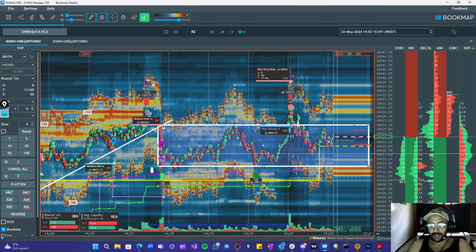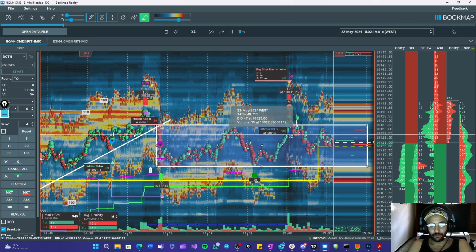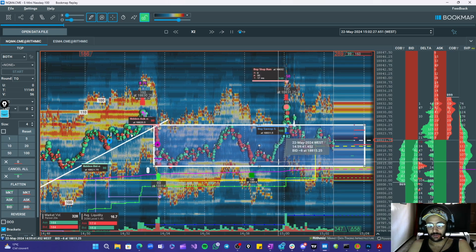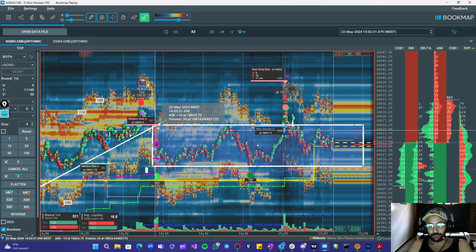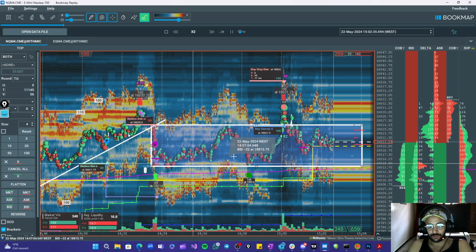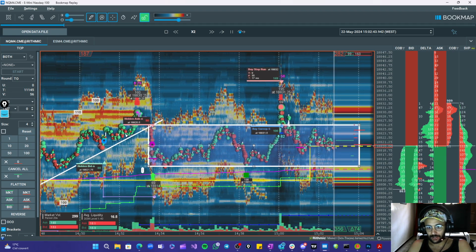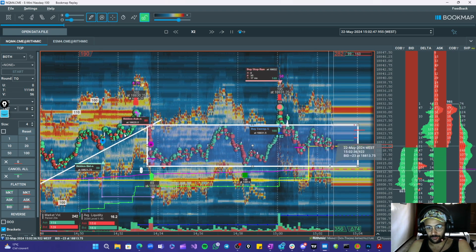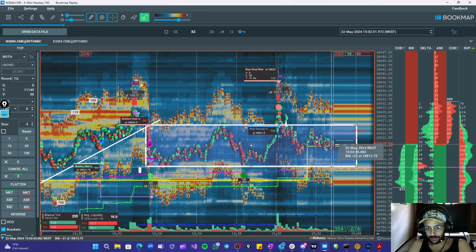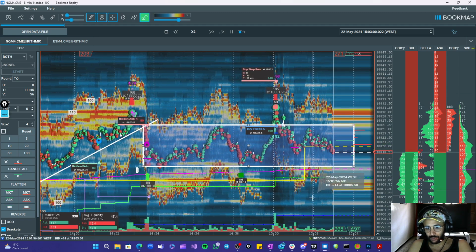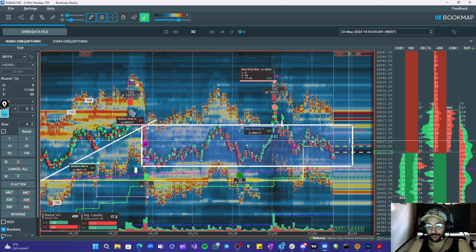Because like I explained, the market will play between buyers and sellers. Because the people who shorted here, they got stopped here. And maybe again the market will go, and the people who buy here, they will stop them, or the people who short here, they will stop them here. So let's see.